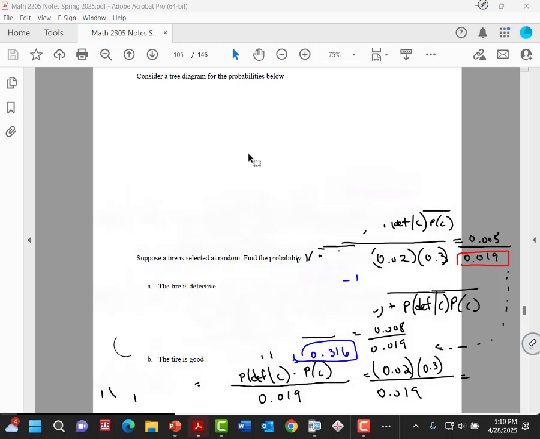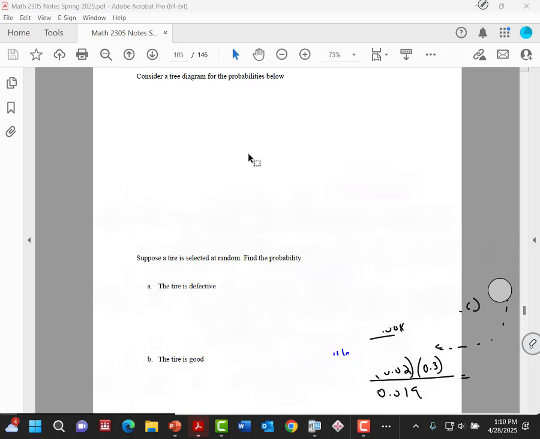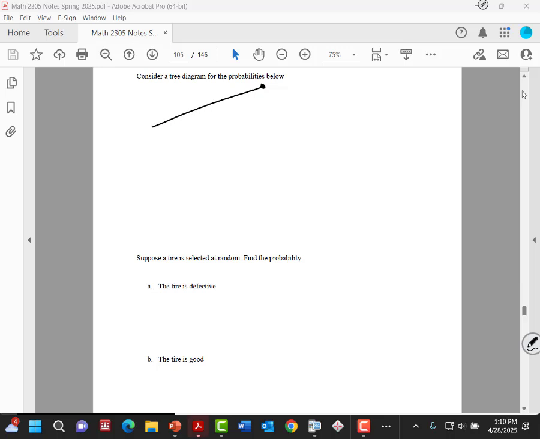So let's consider a tree diagram as follows. 0.5 come from A, 0.2 come from B, and 0.3 come from C. So 50% of my tires come from company A, 20% from B, and 30% from C. Now, A has its own rate of defectives.